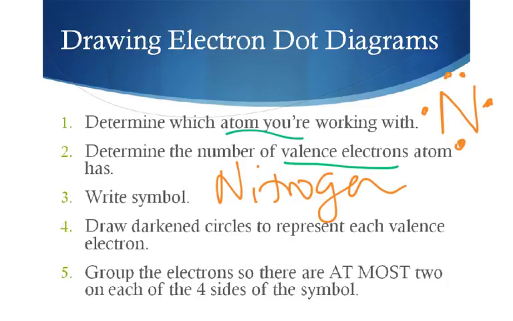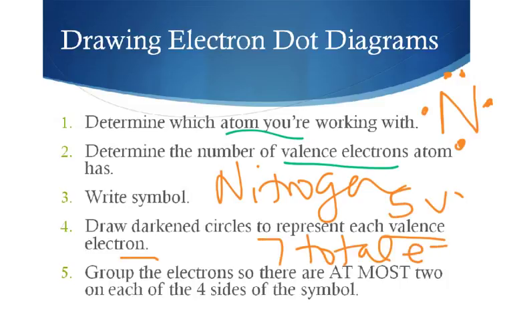So this would be the electron dot diagram for a nitrogen atom because there are 5 valence electrons. You only draw the valence electrons. Nitrogen actually has 7 total electrons, but only 5 valence electrons.